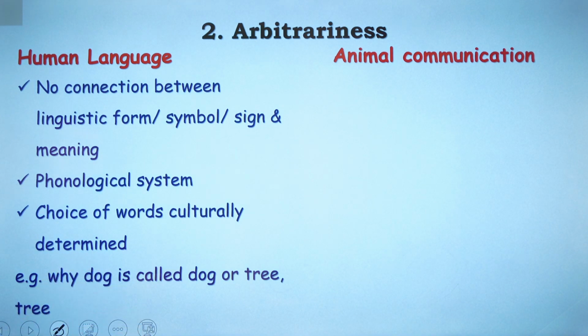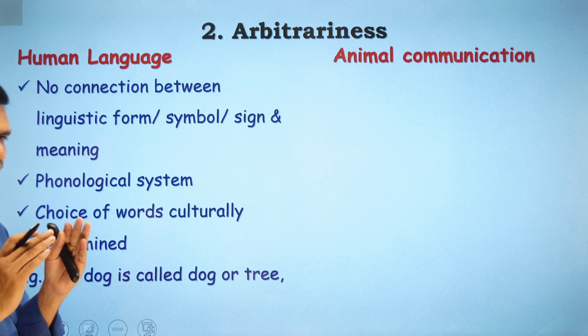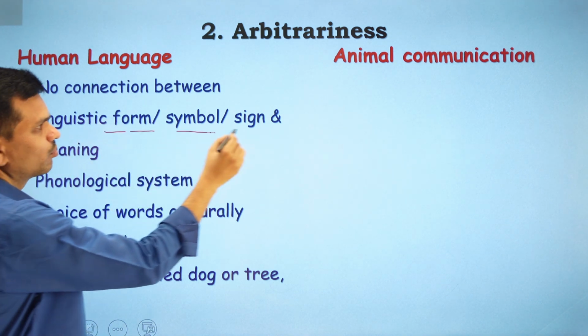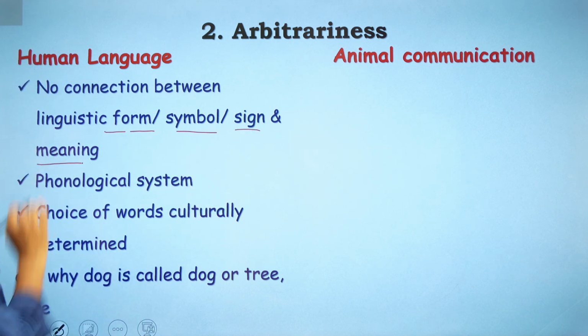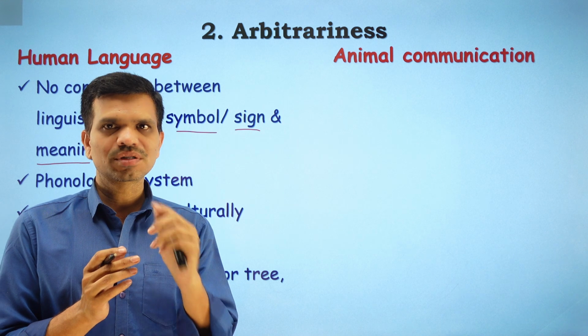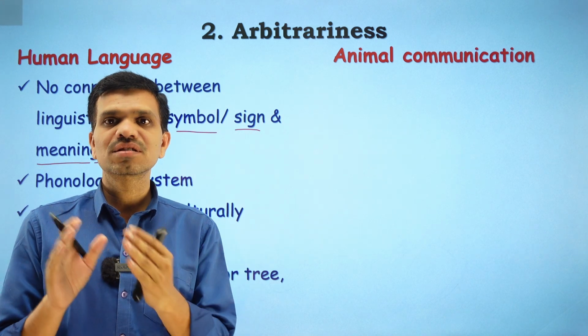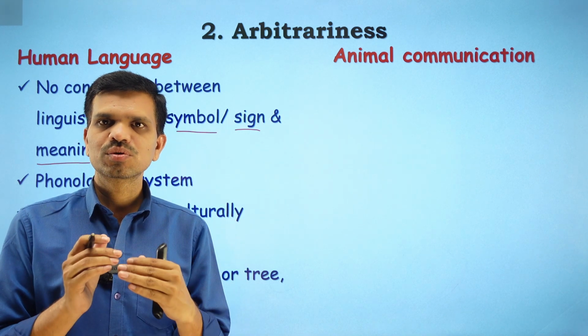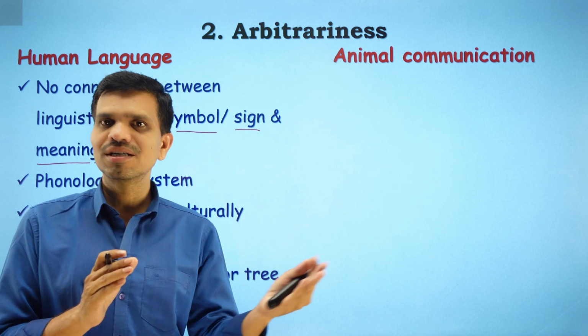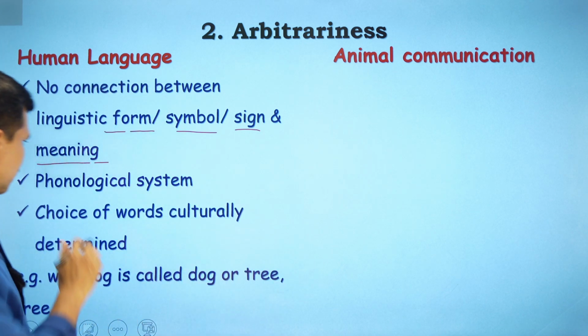Now we generally found that there is no connection between linguistic form or symbol or sign and meaning, because we have multiple layers of language. We produce sounds and those sounds represent some kind of meaning. If we use those sounds, we have a particular meaning, and there is no connection between what we pronounce in human language.